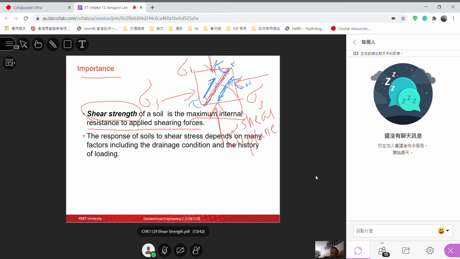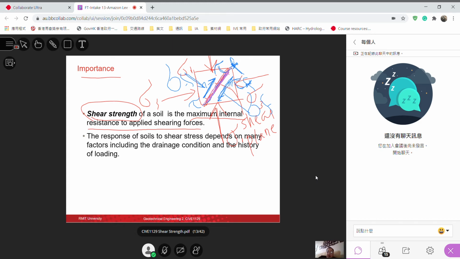I put an N for normal, and an F for failure plane. Perpendicular to the shear stress, we also have the normal stress developed along this failure plane.